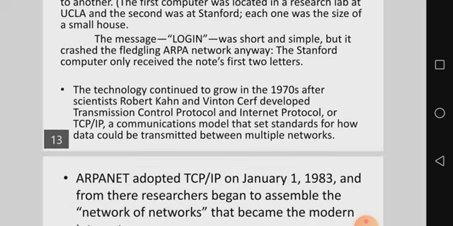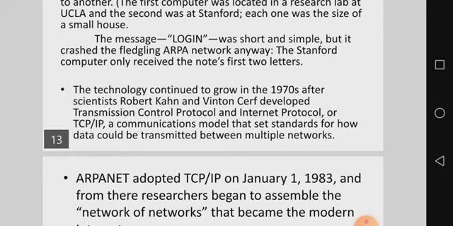The technology continued to grow in the 1970s after scientists Robert Kahn and Vinton Cerf developed the Transmission Control Protocol and Internet Protocol. Vinton Cerf is also known as the father of the internet.